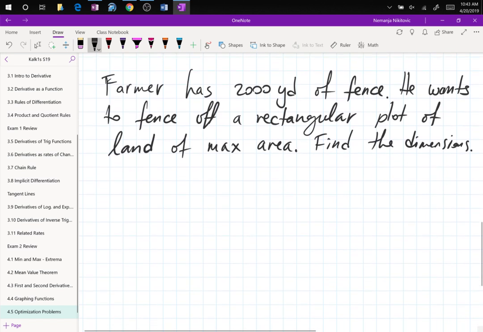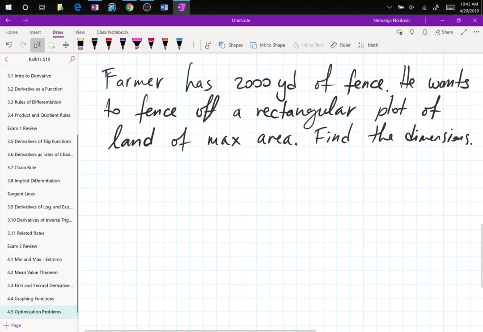Well, luckily, our farmer knows calculus. We draw a rectangle. That's x, that's y. And then we translate our word problem into mathematical equations. So what's the first sentence?